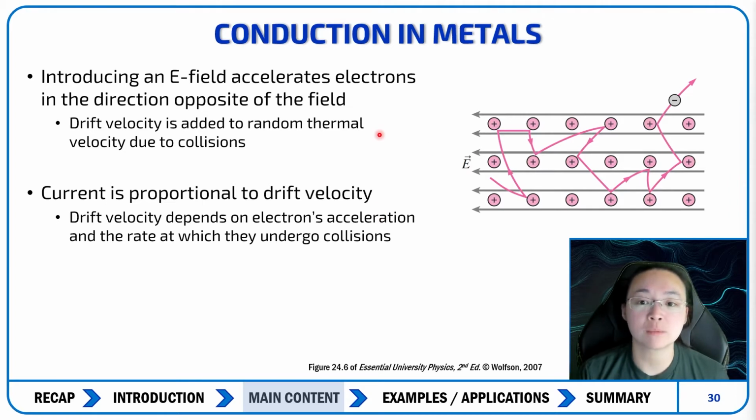And when we talk about current, just like we defined before, our current is going to be proportional to the drift velocity. If we introduce an electric field and we know that the drift velocity is going to define the magnitude of our current, we have to look at what defines drift velocity. And it's going to depend on the electron's acceleration and the rate at which they undergo collisions.